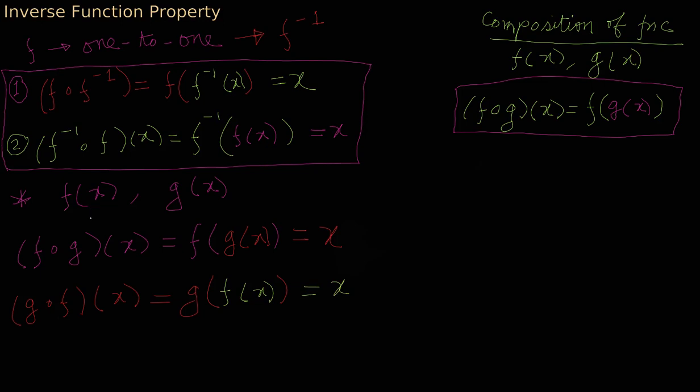We were given two functions: one is f(x), another is g(x). We found that the composition of function f with function g is x. We also found the composition of function g with function f also equals x. So what can I say about the relationship between these two functions, f and g? We can say function f and function g are inverse of each other.